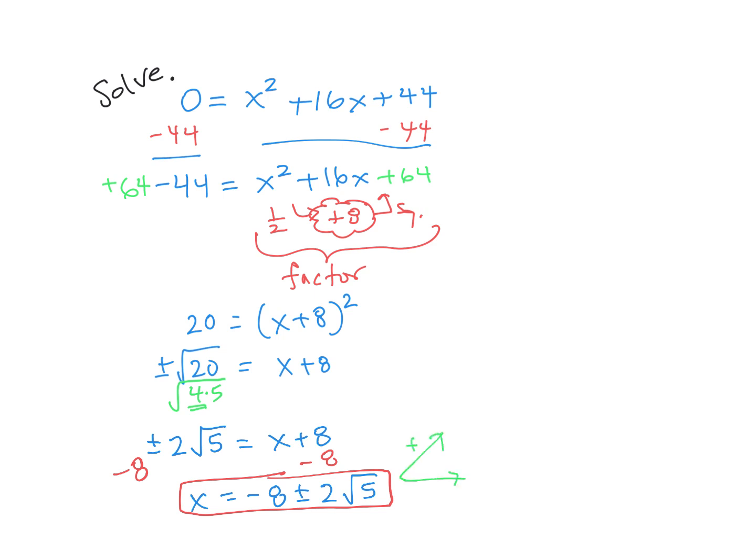It's like your parents in custody. Oh, that's not a minus. What am I doing? Let me erase that. One gets the plus, one gets the minus. X could equal negative 8 plus 2 square roots of 5, or x equals negative 8 minus 2 square roots of 5.